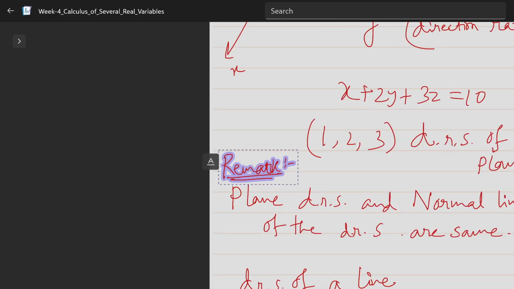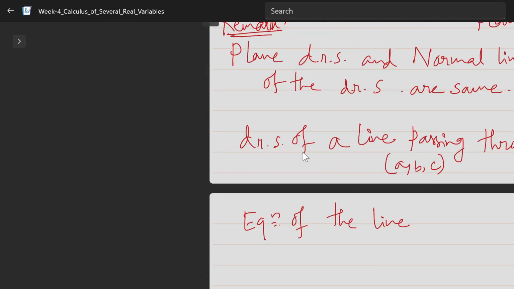If you know the direction ratio of a line passing through A, B, C, then you can write the equation of the line also. The equation of the line is (x minus A) by the first direction ratio 1, (y minus B) by the second direction ratio 2, (z minus C) by 3. This is the equation of a line.